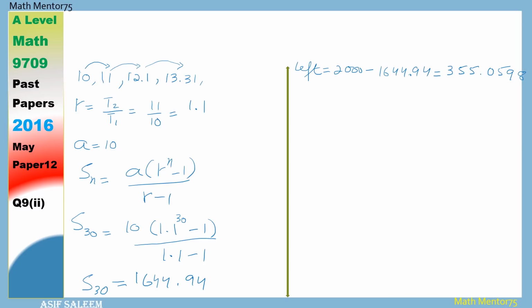Okay, now what else we have to do? We have to find out the percentage of the original amount which is being left. So percentage of water left is 355.0598 divided by the original value, which is 2000, multiplied by 100%.